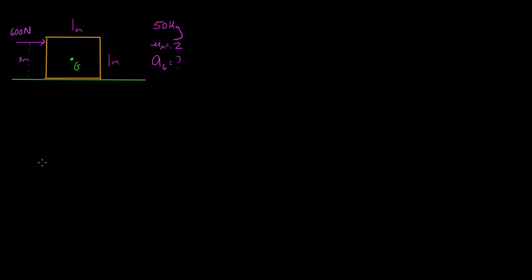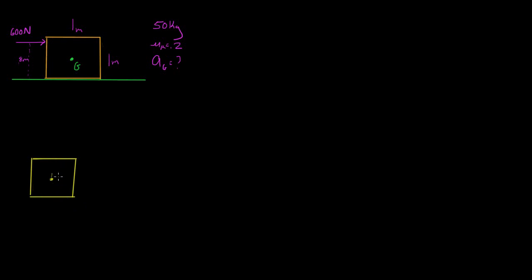So if we look at the free body diagram, we just need to identify all the forces that are acting on this crate. We know that we're going to have a weight that acts directly through the center of gravity.